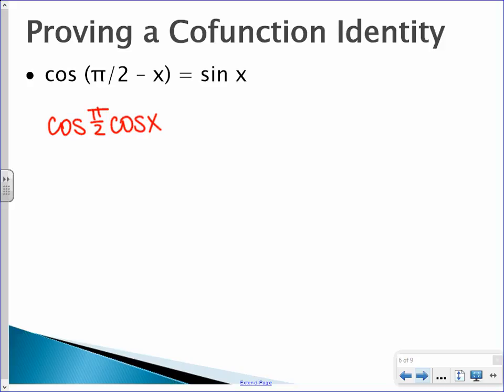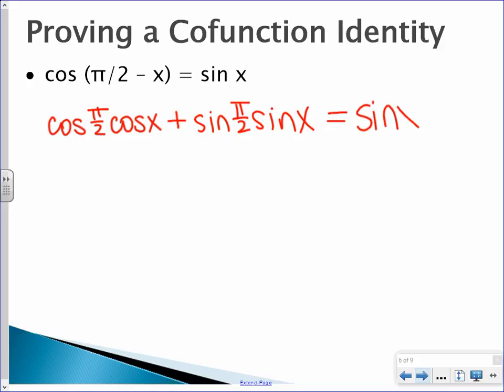Since it's subtraction, what goes in between? Addition, because cosine flips, plus the sine of u times the sine of v.